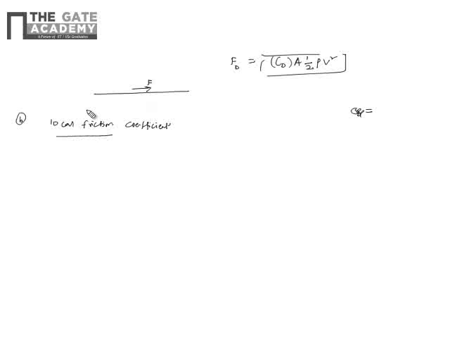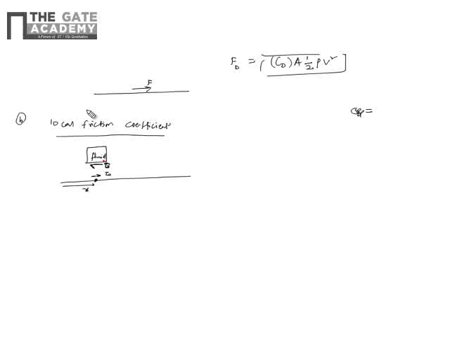Now the second is local friction coefficient, which basically measures, if you have a flat plate at this distance x, the shear stress acting. Now remember, the shear stress on the fluid particle will be in this way, towards left, because the fluid is moving towards right.